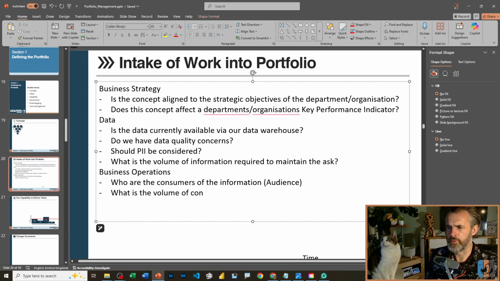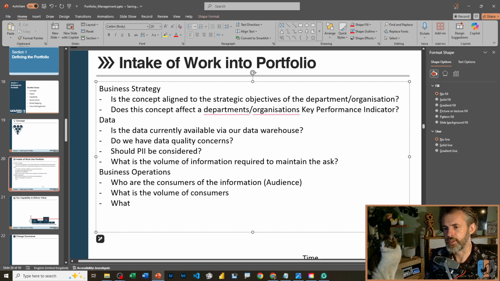What is the volume of consumers? And I suppose a third question, actually, to put a third dimension on this. What frequency will consumers require this information?